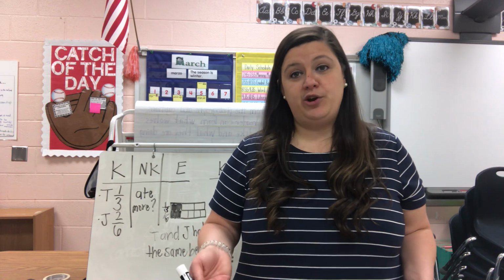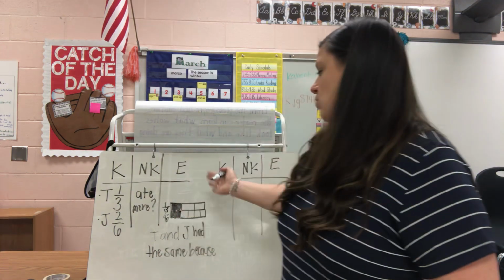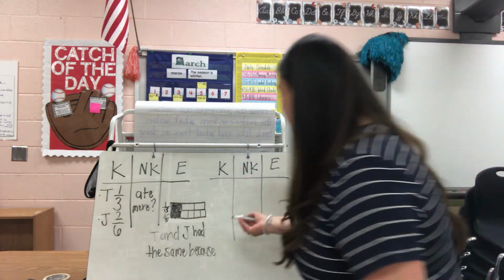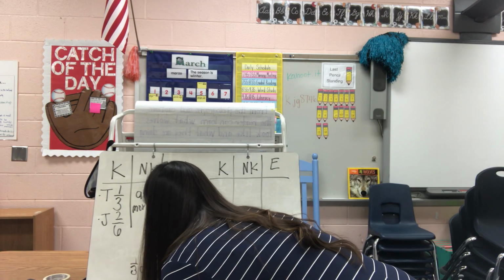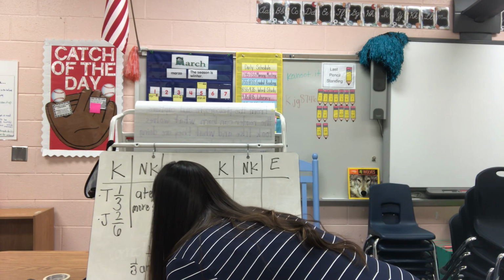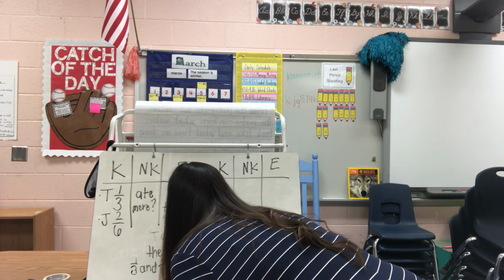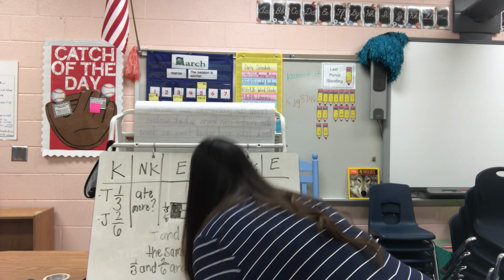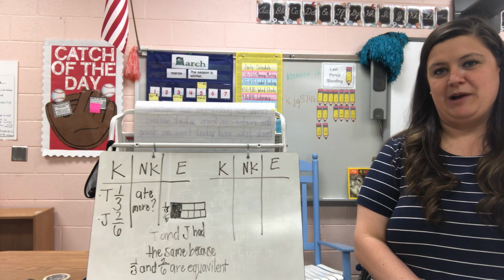Or we could use our new vocabulary we've learned about fractions that are equal and say 1/3 and 2/6 are equivalent. So, because 1/3 and 2/6 are equivalent. There we go. We've solved the first story problem.